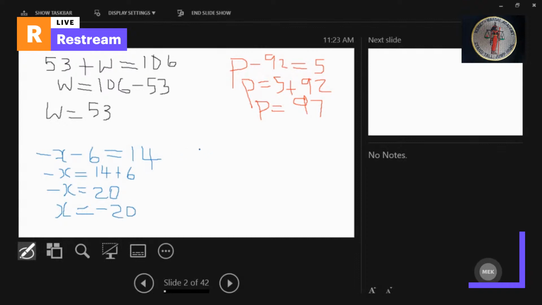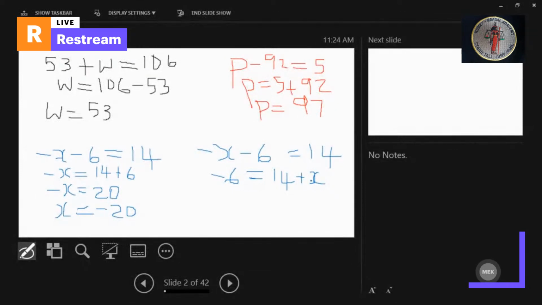We could also have done it this way. So we could have said, all right, I don't want a negative x. So instead of moving the negative 6, let me move the negative x to the right. So I would have negative 6 is equal to 14 plus x. But then I need x by itself. I need to isolate it.